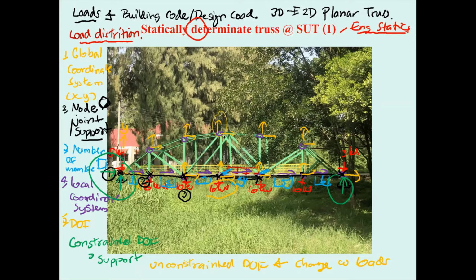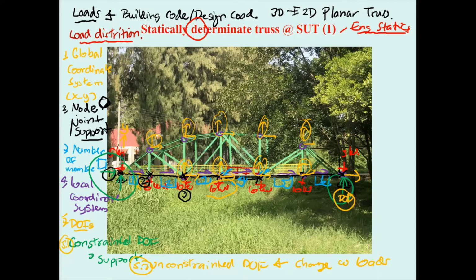The vertical deflection here will be changed, but the degree of freedom over here will be zero, never change. Okay, so we separate the degree of freedom into two important ones. 5.1 is the constrained degree of freedom and 5.2 is the unconstrained degree of freedom.